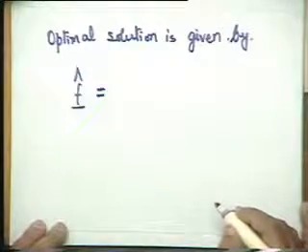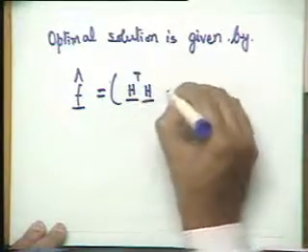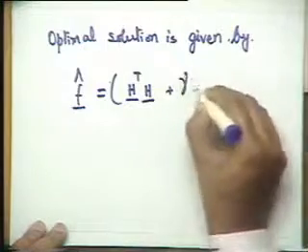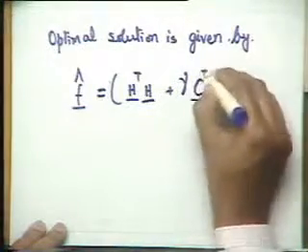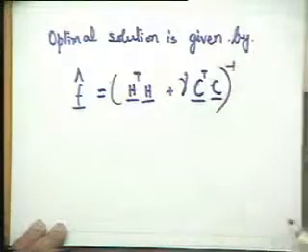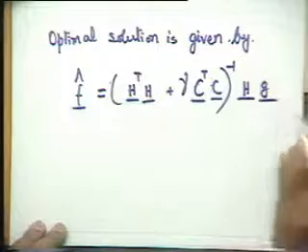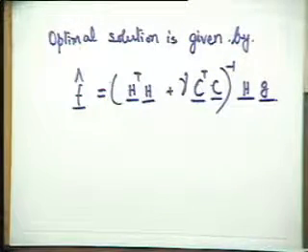Can anybody have a quick look at the last class notes? (H transpose H plus gamma C transpose C) entire thing inverse, H transpose G. This is going to be the optimal solution.